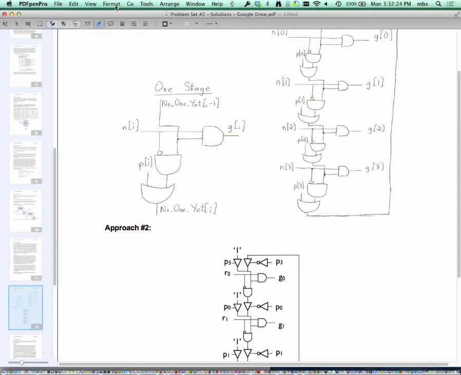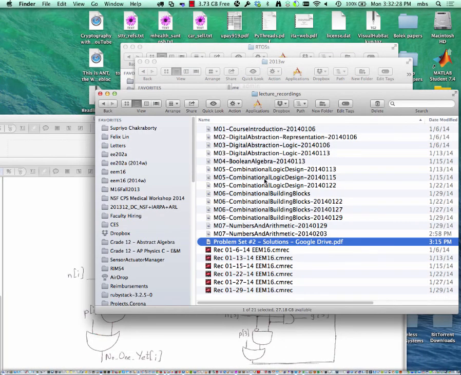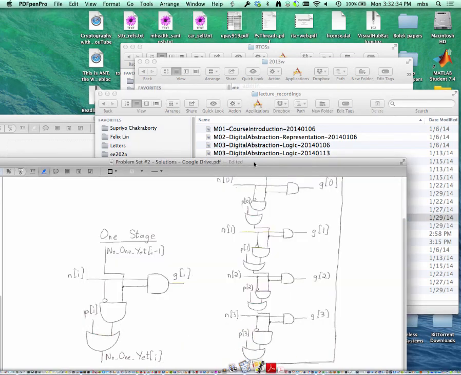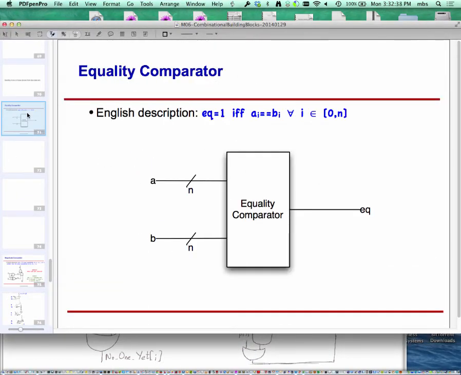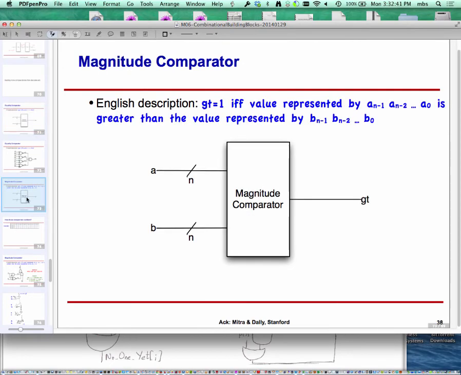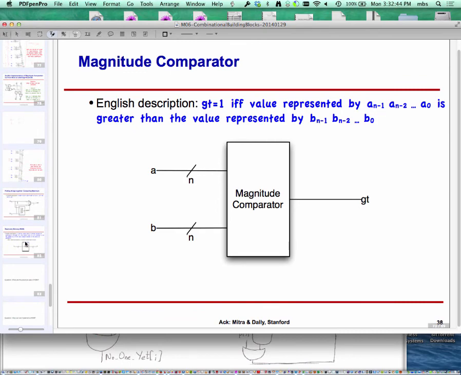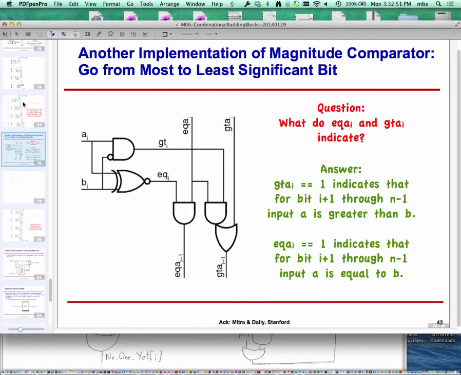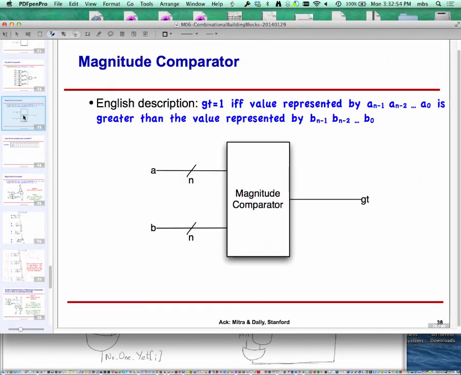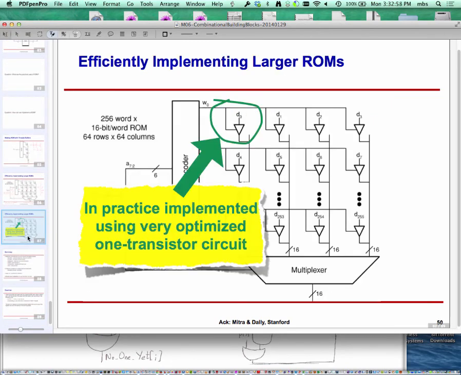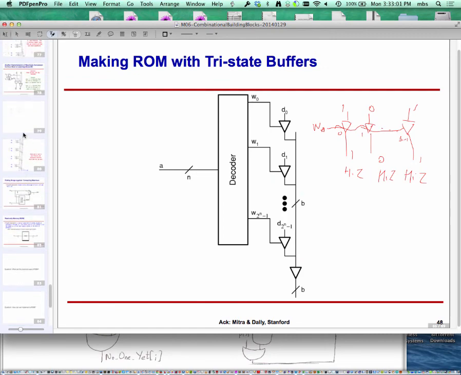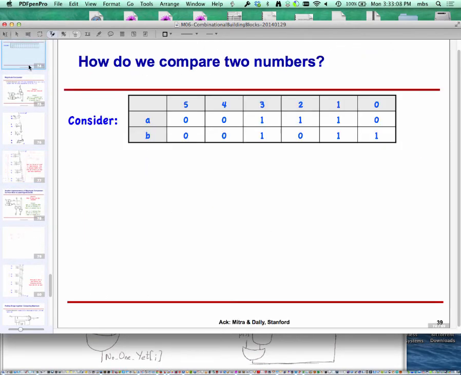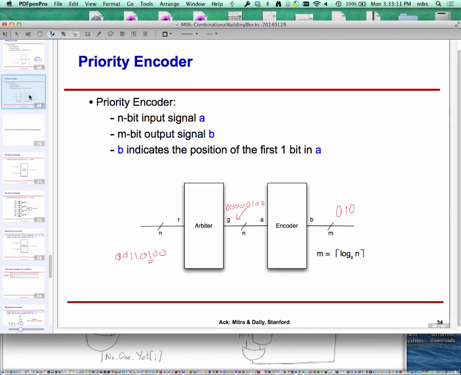Okay, so let me do your priority encoder.